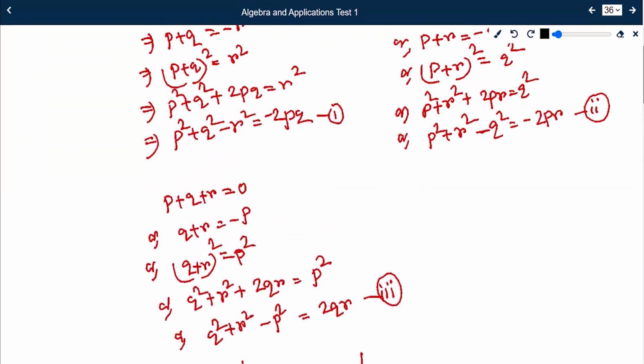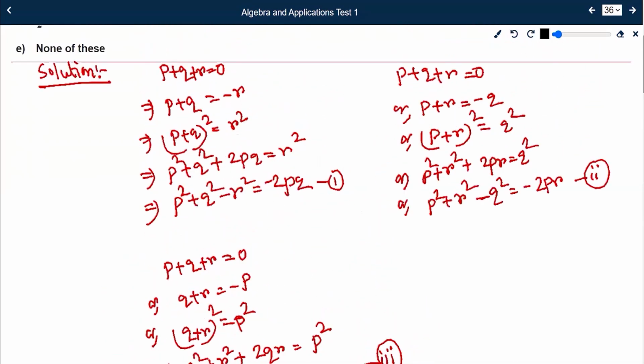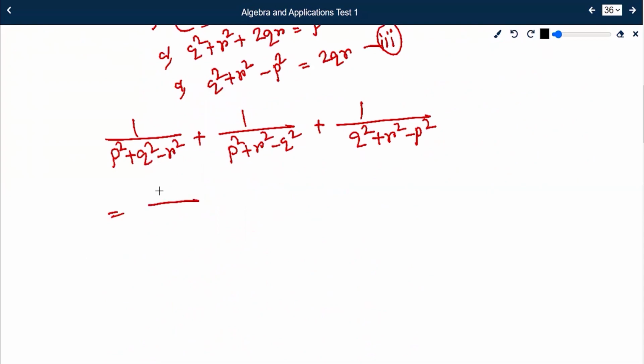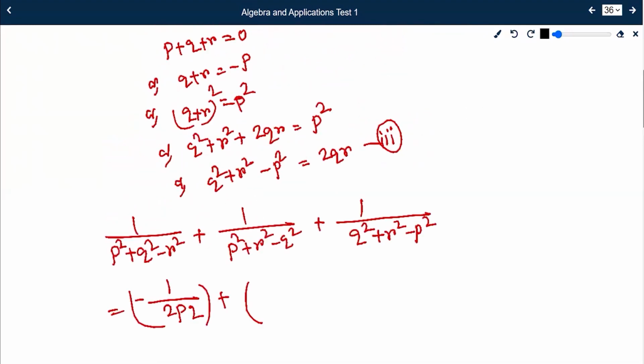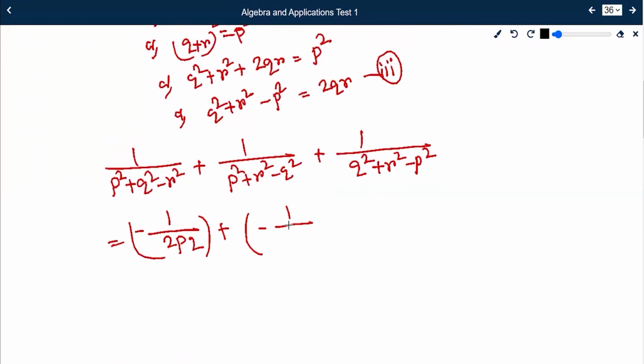For p square plus q square minus r square, the value is minus 2pq. Next, p square plus r square minus q square is minus 2pr. And for the third, again, I missed minus here. So minus 2QR it should be. So minus of 2QR, correct?